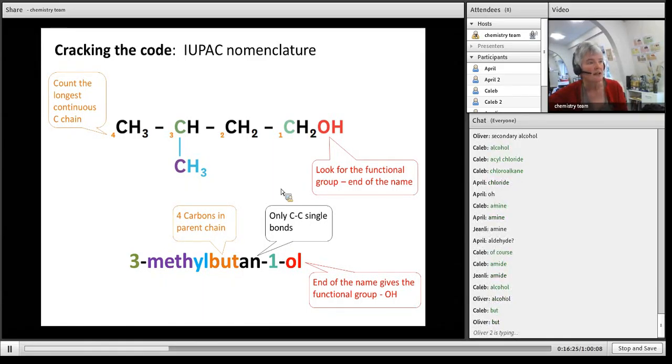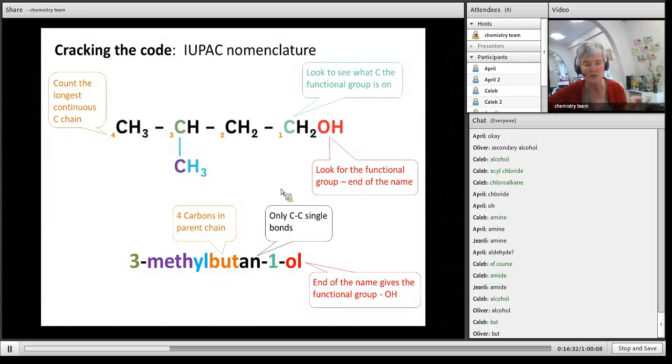Right, now we look to see where things are on this longest chain. We've got the overview, but now we've got to go in on the details. So on the longest chain, the functional group always has to be the lowest number. So it's on carbon 1.